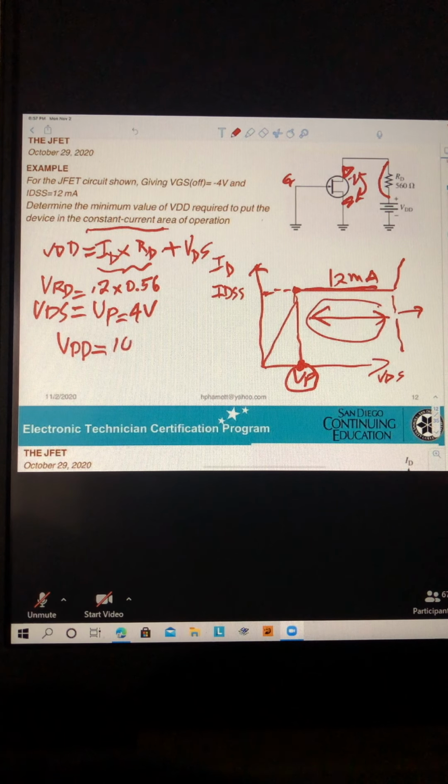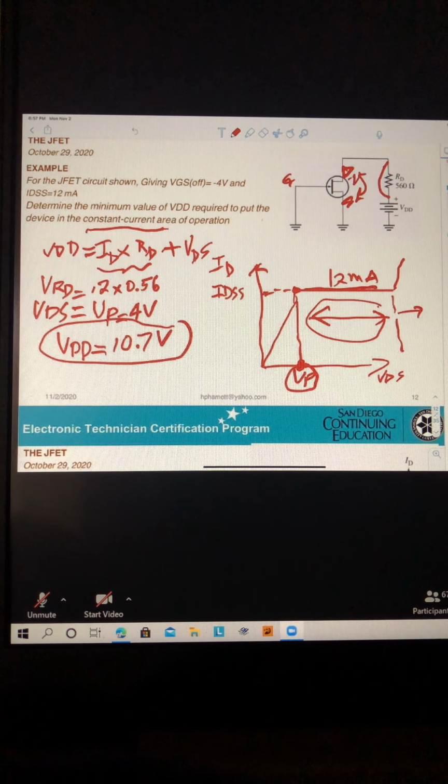The answer will be 10.7 volts. Okay? You calculate VRD and add it to the minimum required to put the device into constant current.